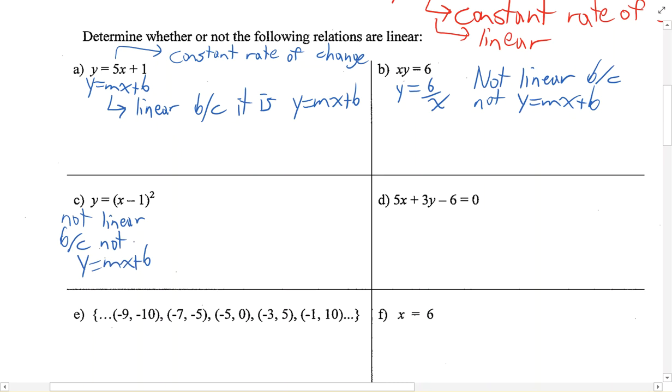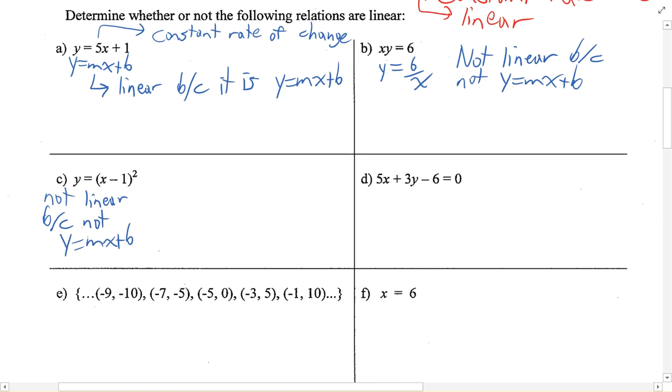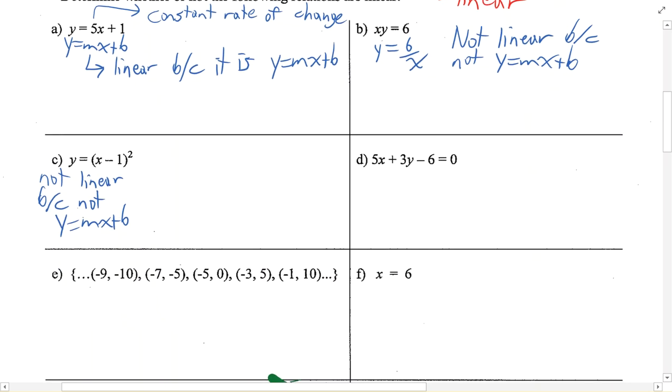Okay. What about D? Is D y equals mx plus b? Okay, well tell me what it is then. What's m? Okay. So move it to the other side. So we move 5x over, minus 5x. Move the negative 6 over to plus 6. Then the next step is we divide by 3. So negative 5 divided by 3x plus what? 6 divided by 3.